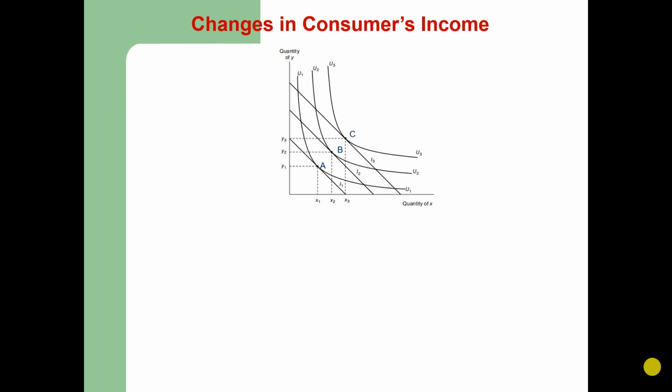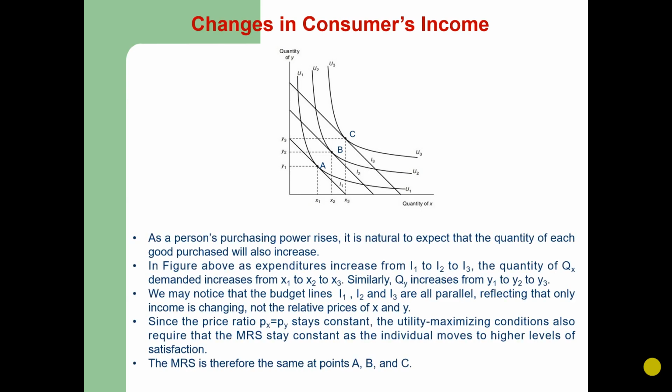That is, only the nominal budget or income is changing, not the relative prices of X and Y. Since the ratio of prices Px over Py stays constant, the utility maximizing conditions also require that the marginal rate of substitution stay constant as the individual moves to a higher level of satisfaction. So the marginal rate of substitution is therefore the same at points A, B and C.